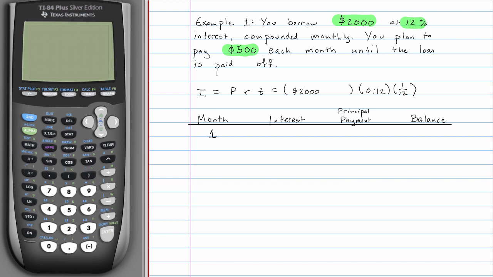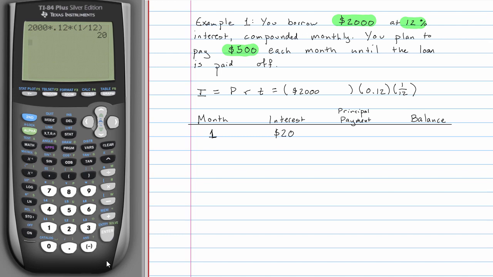And yes, I did pick 12% to make the arithmetic a little bit prettier here. So in the first month, the amount of interest that I have to pay is $2,000 times 12% times 1/12. In the first month, I have to pay $20 in interest.